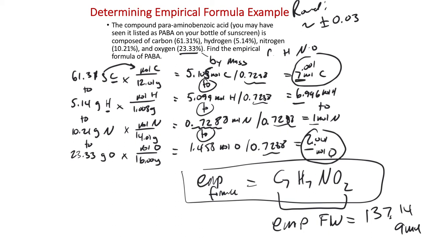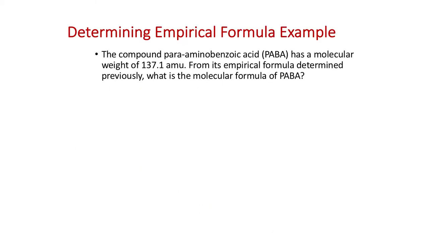So now if we do an experiment to find the molecular weight, what we should find is that the molecular weight is either going to be about 137, or it should be about twice this, 3 times this, 4 times this. So we're going to have some multiple of this empirical formula in the molecular formula of the compound.